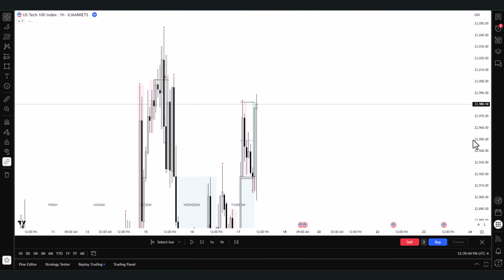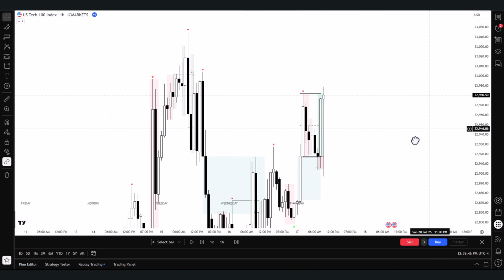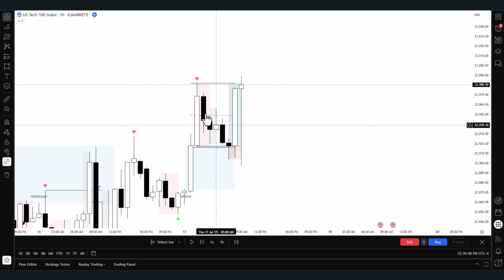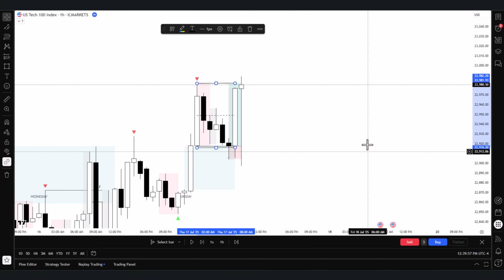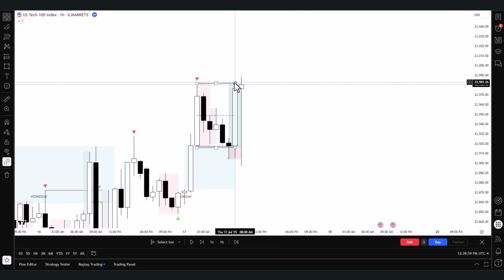Now price sweeps the London high, and also there was a key level, which is our fractal high. That means for now my bias becomes sell.